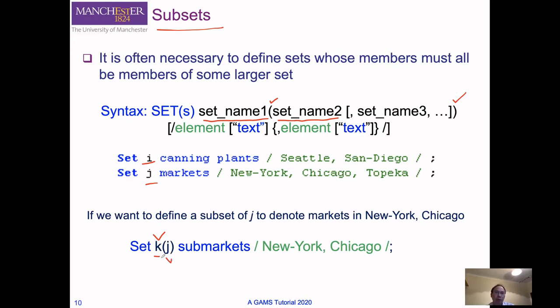In this example, we define the subset K and we put the previously defined set name J. That means the elements of this subset K belong to the set J. So here, the elements of this subset K are New York and Chicago. The element Topeka from set J is not included in this subset.